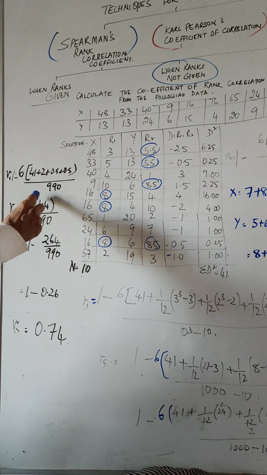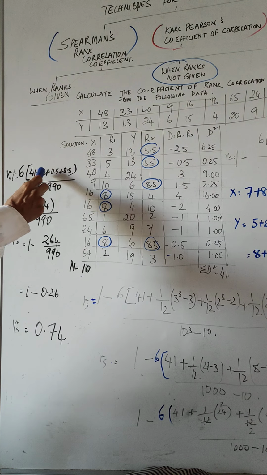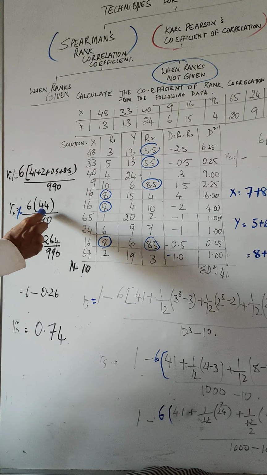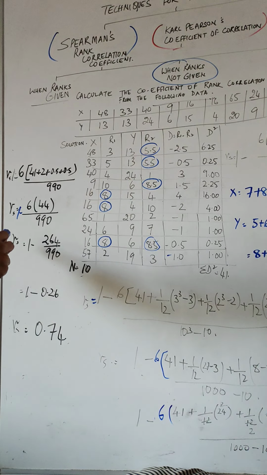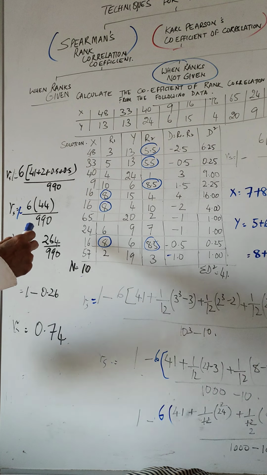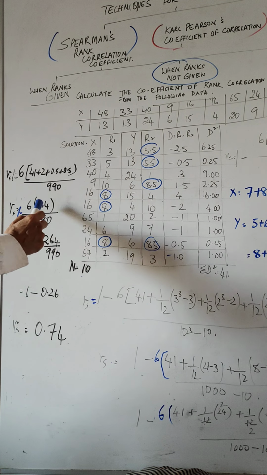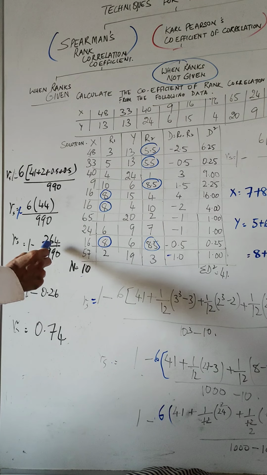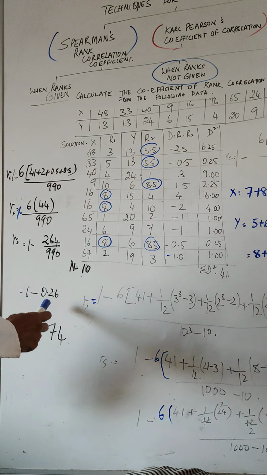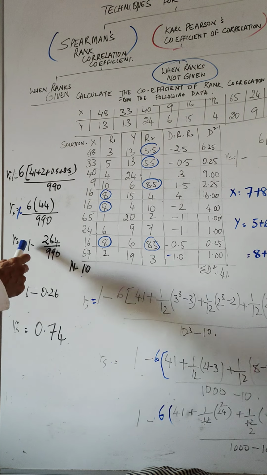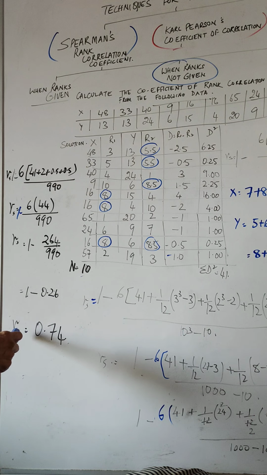So 6 into 44. 41 plus 2 plus 3 is 44 divided by 990. So again, rank correlation is 6 into 44 is, see, 1 minus 264 divided by 990. And when you divide this, what you get is 0.26. So 1 minus 0.26. So the rank correlation is 0.74.